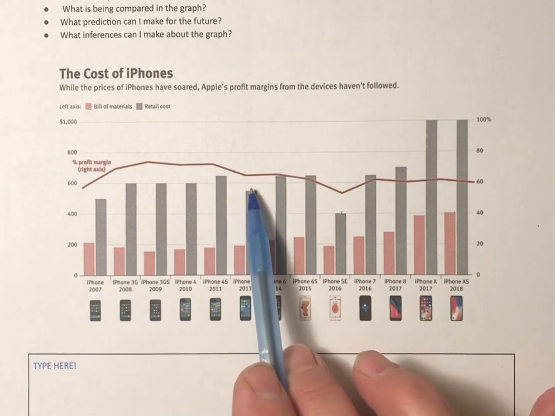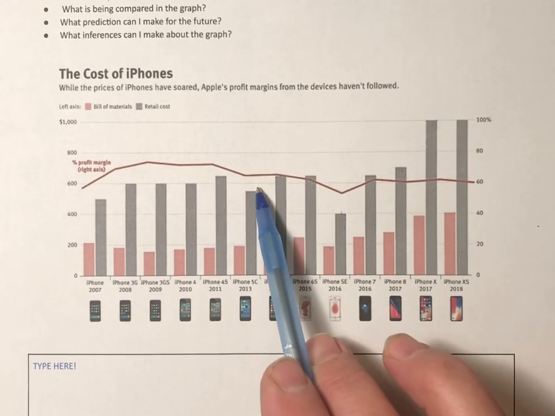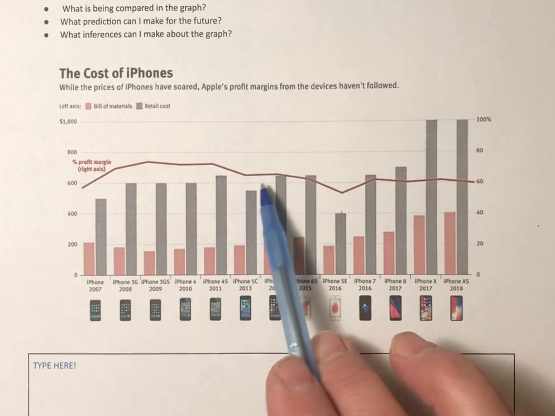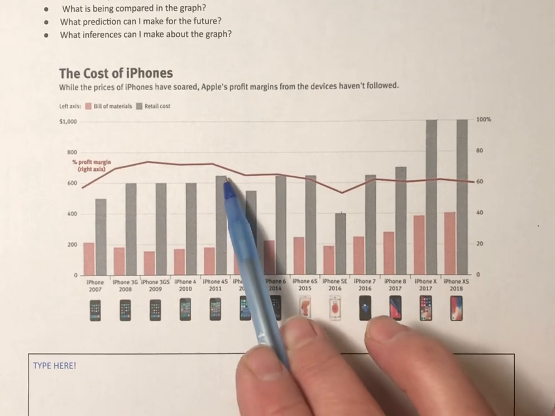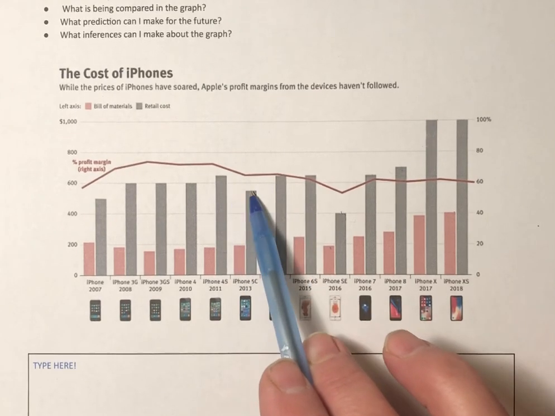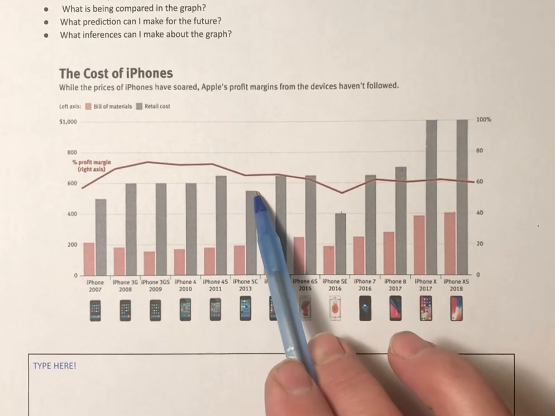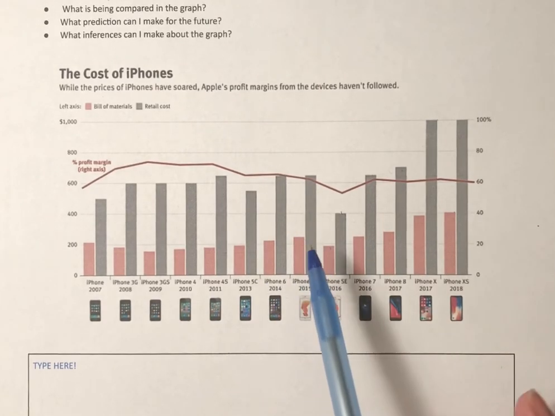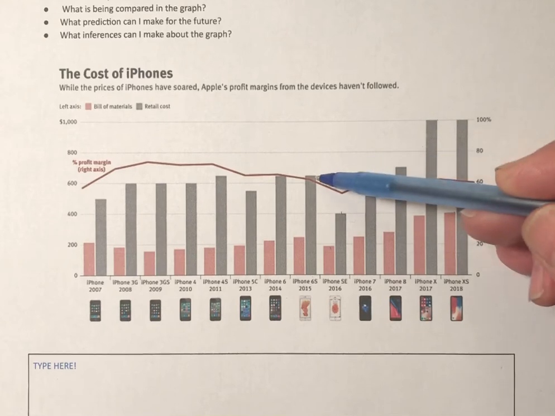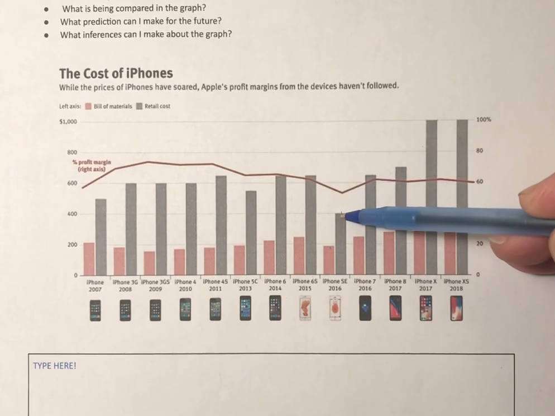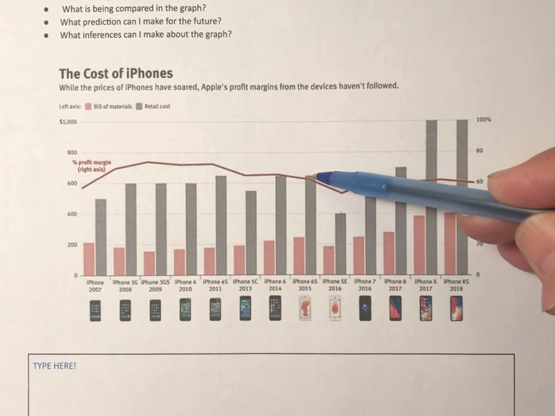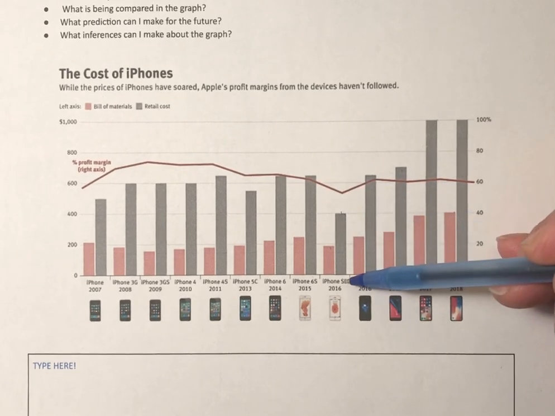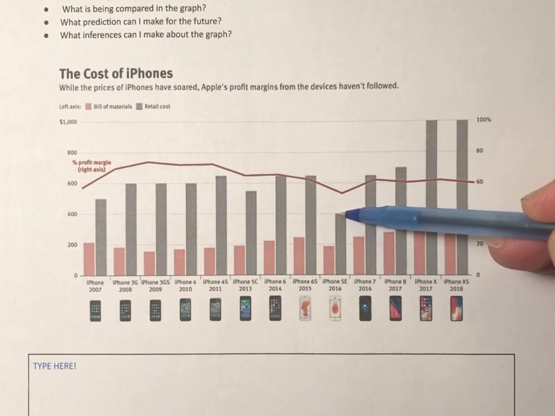I wouldn't say that that was a spike. Here, it's a significant change. You could argue that these are a drop here, a significant drop. But I think if you're really looking for a significant change, this certainly warrants it: the drop from 2015 to the SE model in 2016.